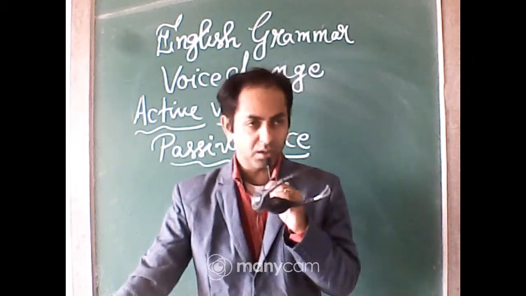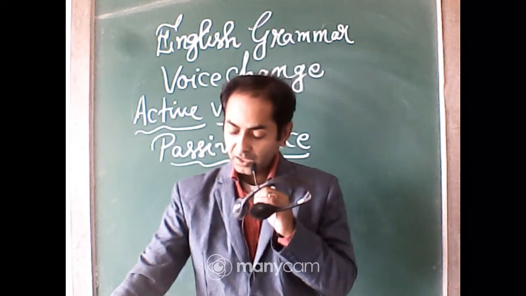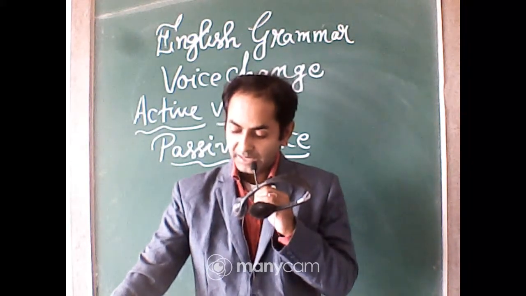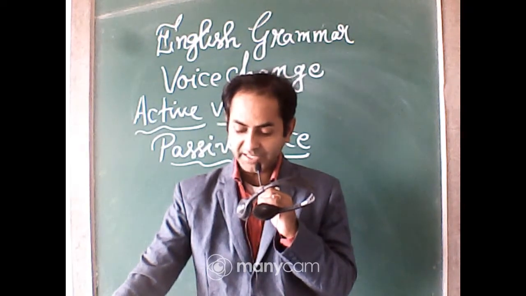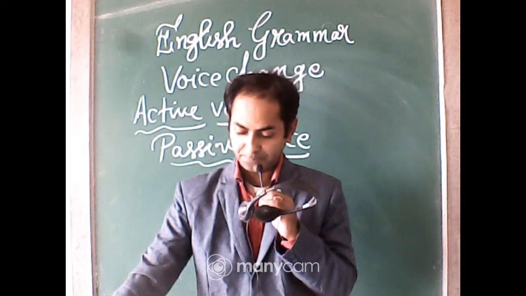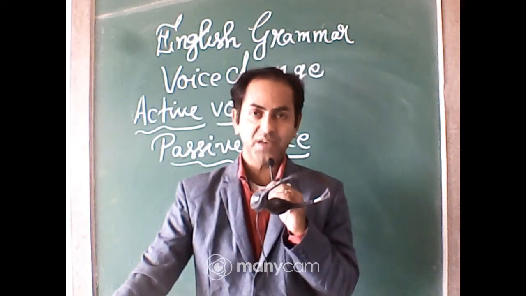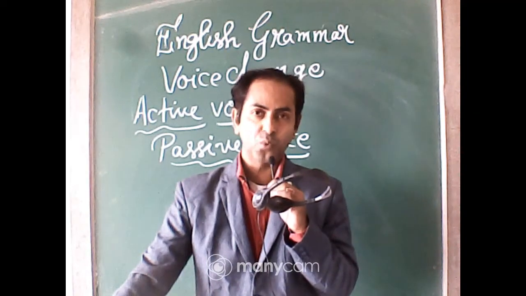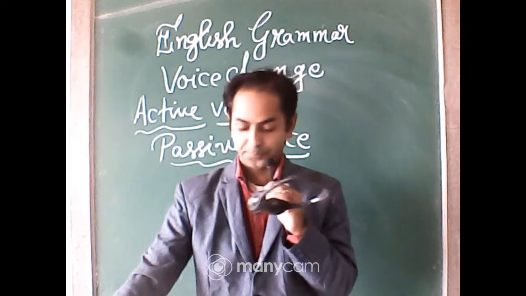Next, the verb is sang in each of the examples, whereas a song is the object in each sentence. Therefore the verb sang is transitive. That's why we need to recapitulate the definition of transitive verb.